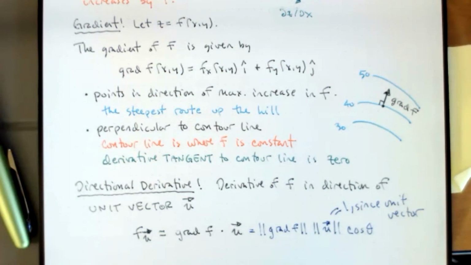If I set up the unit vector to be perpendicular to the contour, then the angle between the gradient and the unit vector is 0 degrees, and the cosine of 0 is 1. And that's the maximum value of the cosine of theta. Cosine of theta is at maximum when theta is 0, and 0 when theta is equal to 90 degrees. I suppose I should be using pi over 2 radians. I have a trig class, so I'm probably going to be describing things in degrees a lot. Any questions?